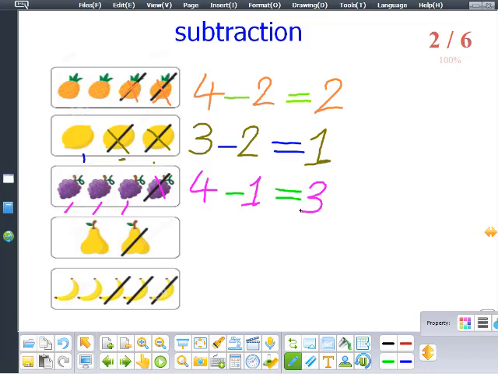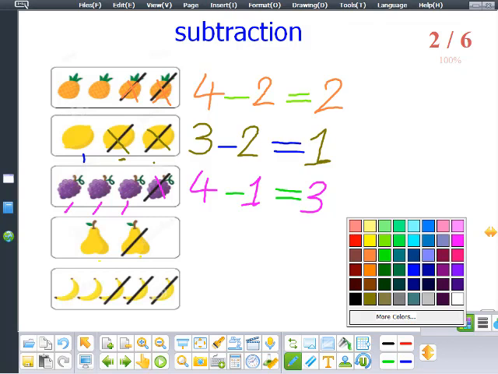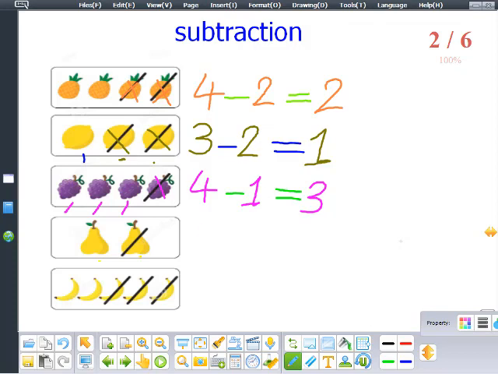What about the next picture? Count with me. Here we have some pears. 1, 2. How many pears are here? 2. Here we have 2 pears. Well, let's write 2.